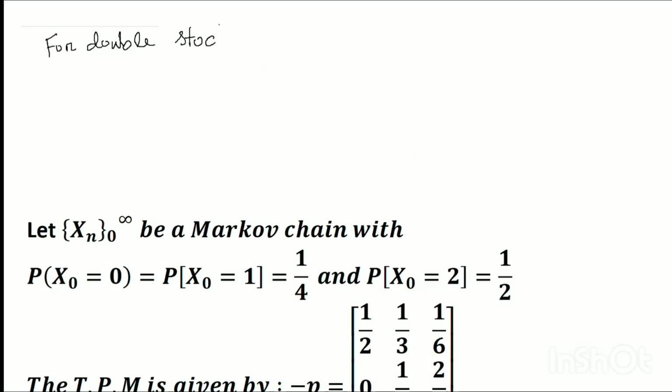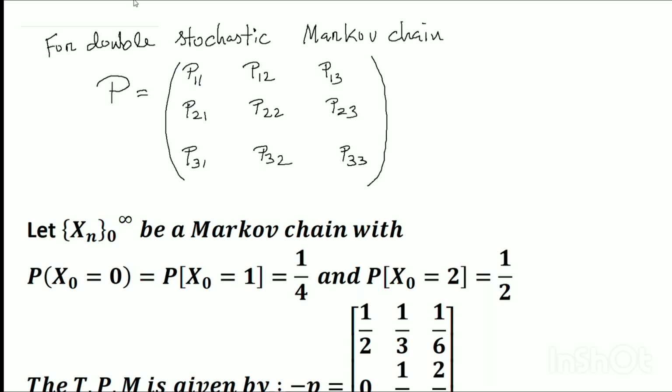Now for the double stochastic transition probability matrix. For a double stochastic Markov chain, this is my transition matrix.